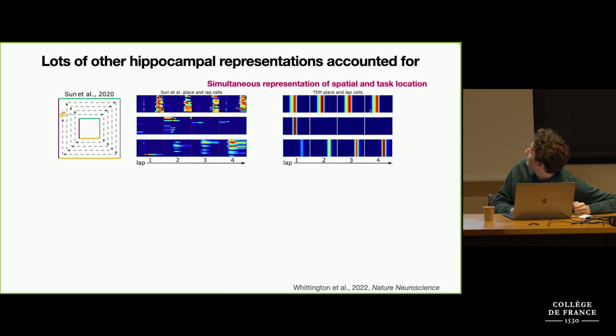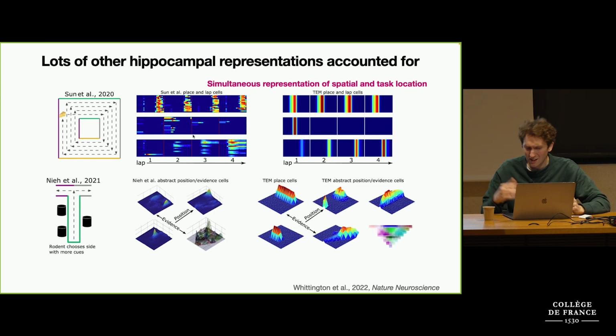So again, this model says, right, you're in space, so you should understand where you're in space. So you should have cells which fire the same every lap. But because you only receive reward every 4 laps, you should have some cells which are predictive of that. So you'll find cells which only fire maybe on the first lap, or they ramp in activity over laps. And again, that's exactly what's found in hippocampus as well. And here's just another abstract task in which there's simultaneous representation of where am I in space and how much evidence I have.